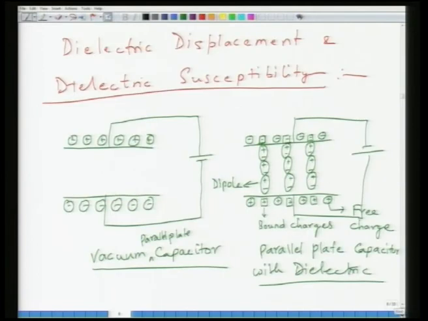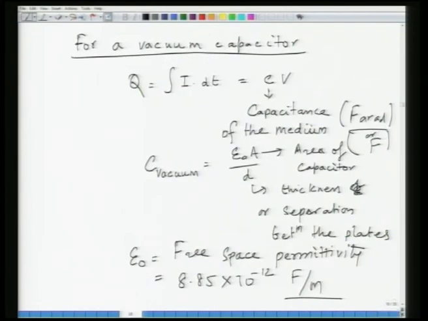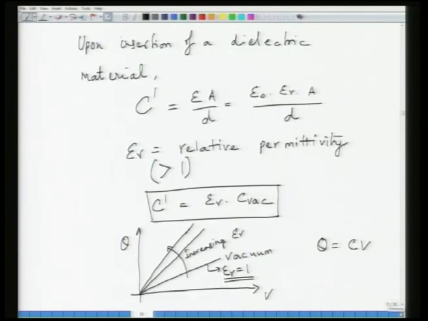And then what we did was we looked at two configurations. One is the parallel plate capacitor without the presence of any medium, that is in vacuum, and then what happens when you insert a dielectric. If you compare these two scenarios, what you come up with is a fundamental quantity for a material which is called relative permittivity, or some books also write it as K, which is nothing but your dielectric constant.